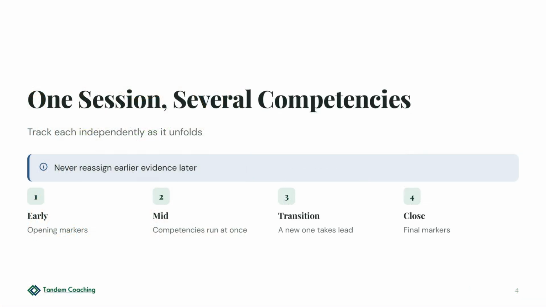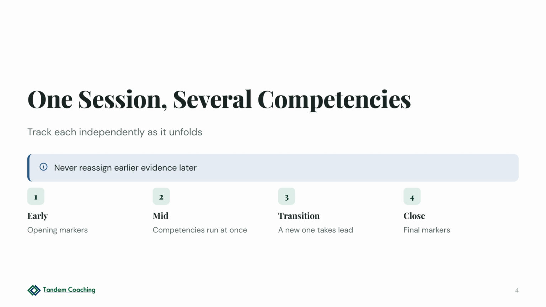Now, the part that makes live evaluation harder than worksheet practice. A single session moves through several competencies and they do not wait their turn. Early on, markers from the opening exchanges surface. Mid-session, multiple competencies run at once, and you track each independently.